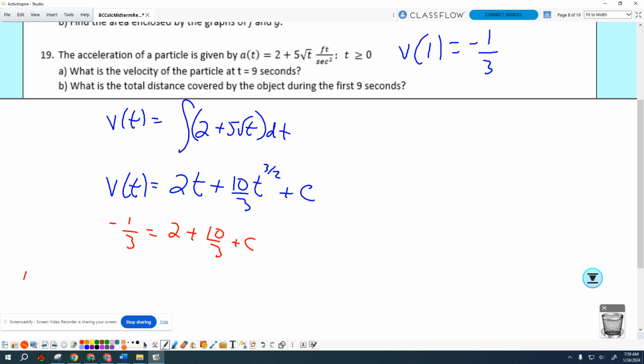Negative 11/3. Okay, so we add. It's negative 17/3. That's gross. Wait, 16/3. Yep. Gross, but is that right?